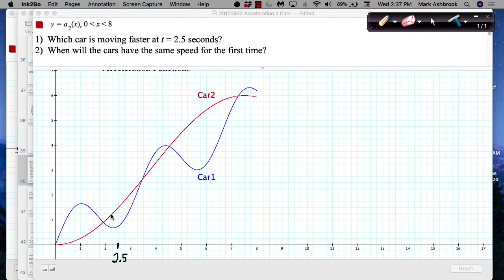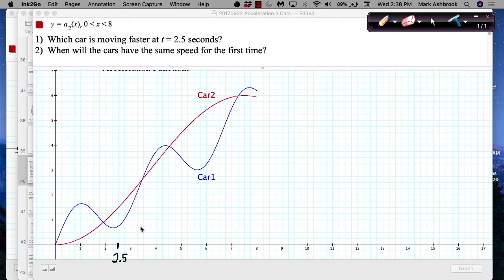Yes, the accumulated changes in velocity of car 2 here are greater, but not enough to make up for the damage done by car 1 here. You can see that those accumulated changes in speed are much greater for car 1 in the first 2-ish seconds than in that last half second.